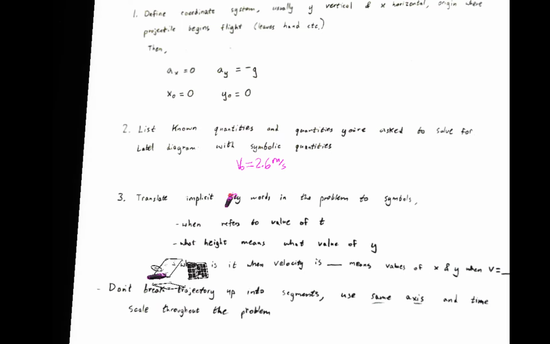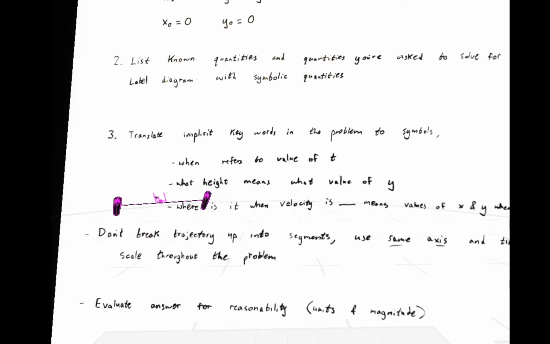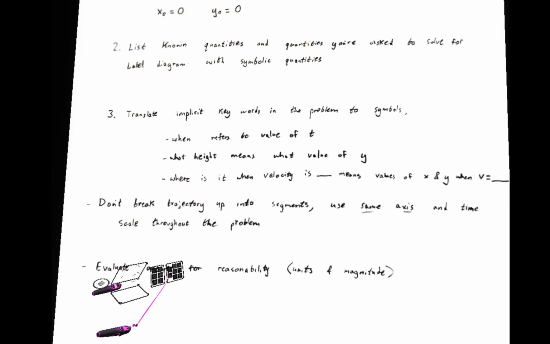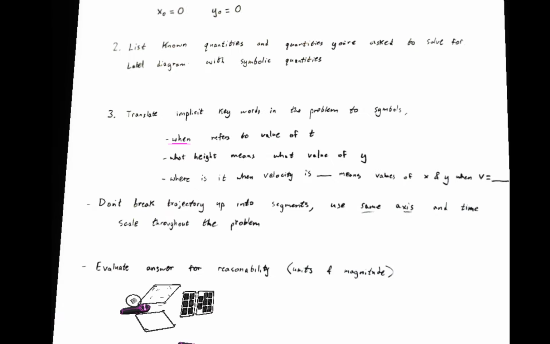Okay. So in order to pull those quantities out of the problem, you want to be alert, just like before, for the implicit keywords that exist in a problem. So be alert for implicit keywords in the problem, and translate those to symbols. So if it says "when blah, blah, blah," well, that refers to what value of t it is when this blah, blah, blah happens.